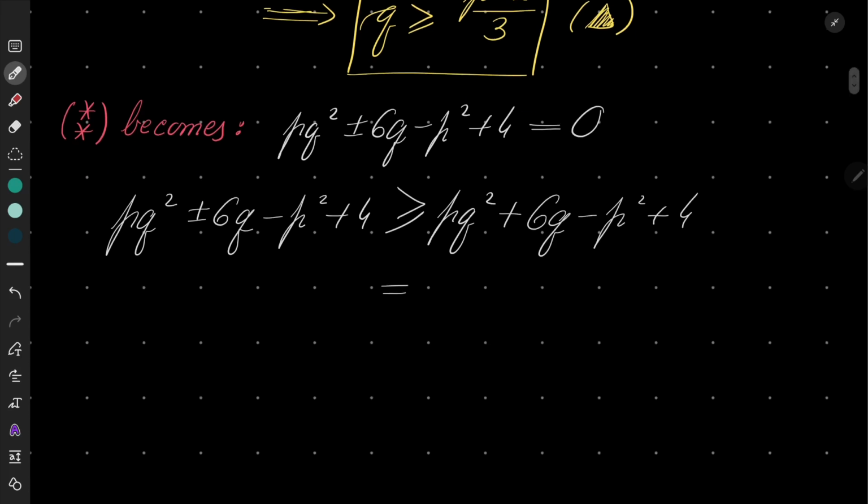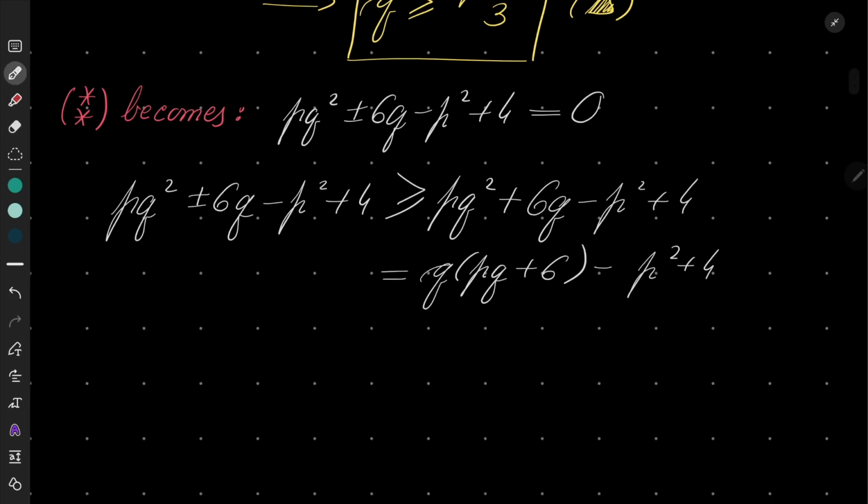Let's further factor out q from the first two terms, and we have q times (pq plus 6 minus 4p cubed) minus p squared plus 4.